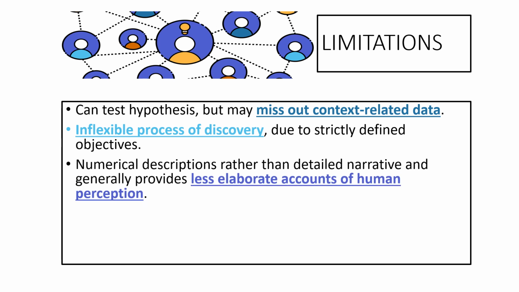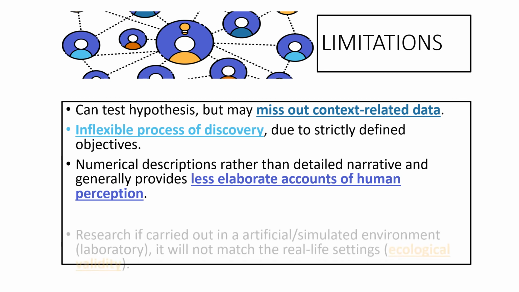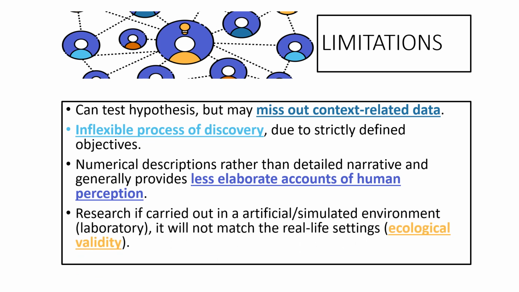Numerical descriptions rather than detailed narratives generally provide less elaborate accounts of human perception and experience. Research, if carried out in artificial simulated environments such as laboratories, will not match the real-life settings, thus decreasing ecological validity of the test or the study's results.